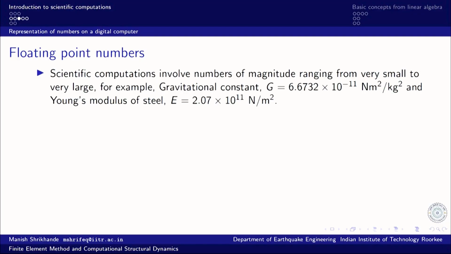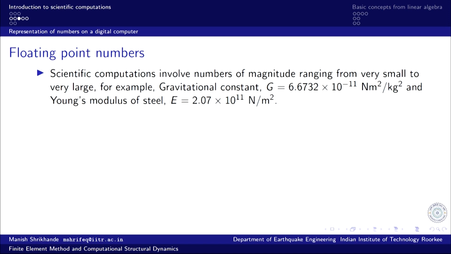Now, coming back to the real numbers, the floating point numbers. Scientific computations involve numbers of magnitudes ranging from very small to very large. Just for an example, the gravitational constant is a very small number, about 6.6 multiplied by 10 raised to the power minus 11 Newton meter squared per kg squared, and compare that with Young's modulus of steel, which would be 2 into 10 raised to the power 11 Newton per meter square.